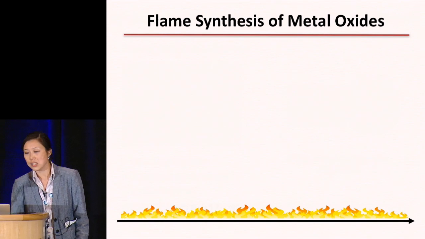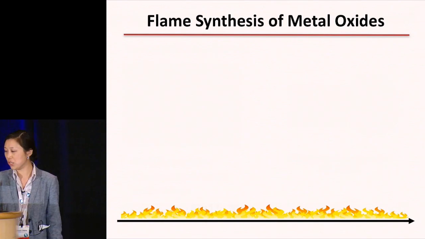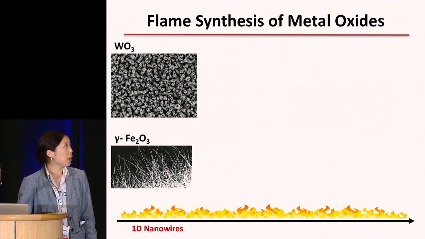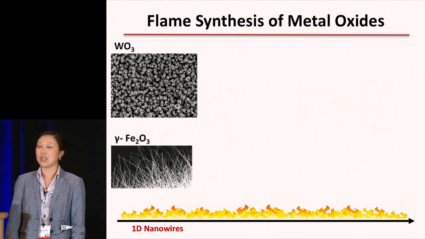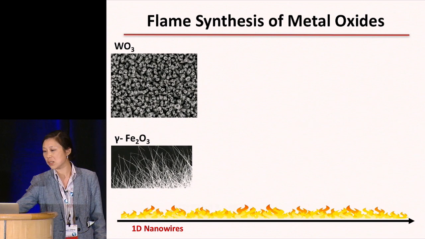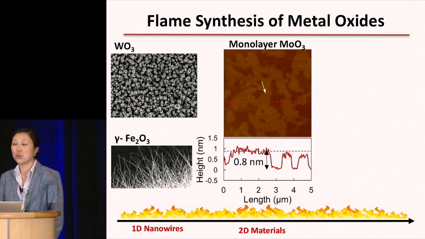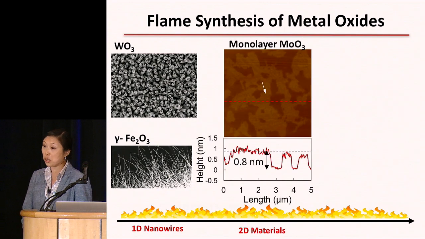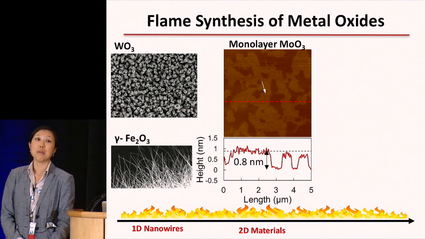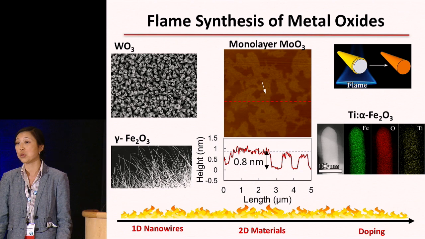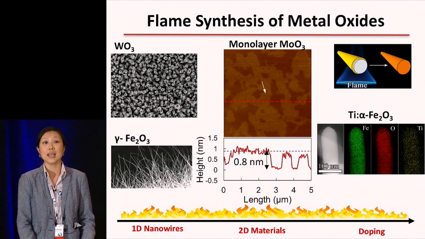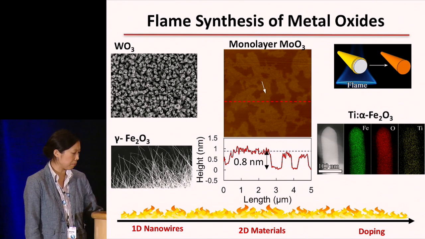Over the past decade, my group has tried to synthesize different nanostructures of metal oxide. We started making metal oxide nanowires, and recently we were able to control it down to a monolayer, sub-nanometer metal oxide material. We also have techniques to dope those metal oxides to change their electrical and chemical properties.